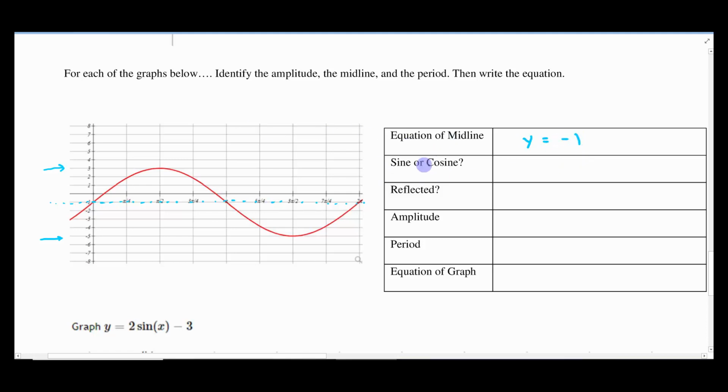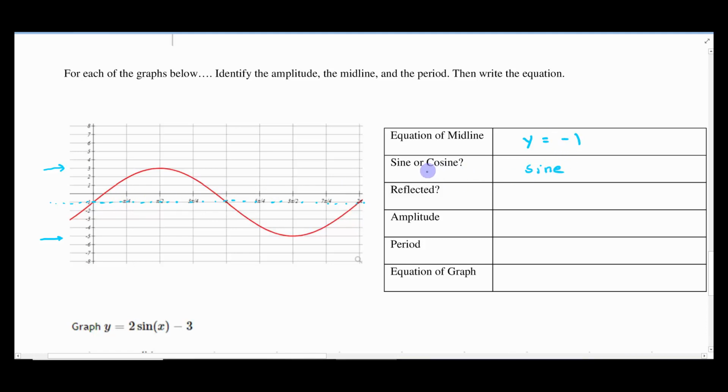Once we have the midline, we can determine whether it's sine or cosine, because I can go to x equals 0 and look at the midline and ask myself, does it start on the midline or does it start above or below? This one is starting on the midline, so this is a sine function. We talked about those properties in previous lessons.